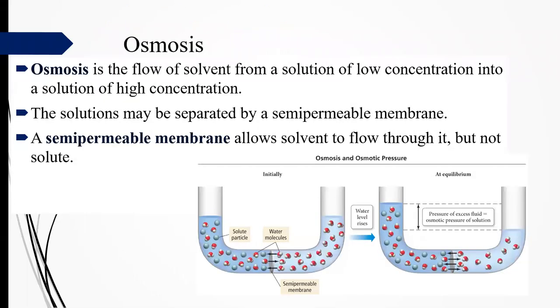Another colligative property is called osmosis. Now, people always joke that you learn through osmosis, but that's not really what's going on. Osmosis is a very specific term. Osmosis is the flow of solvent from a solution of low concentration to a solution of high concentration. So just like our thirsty solutions, we're always going to flow towards the more concentrated side.